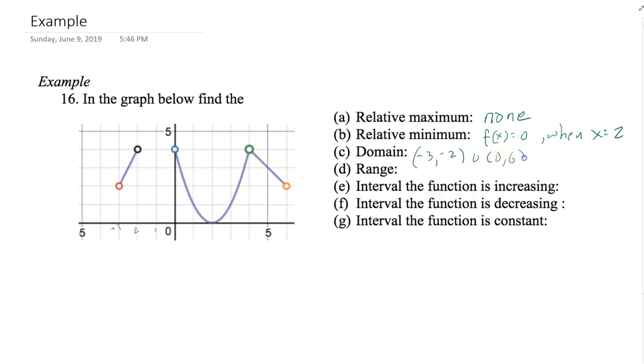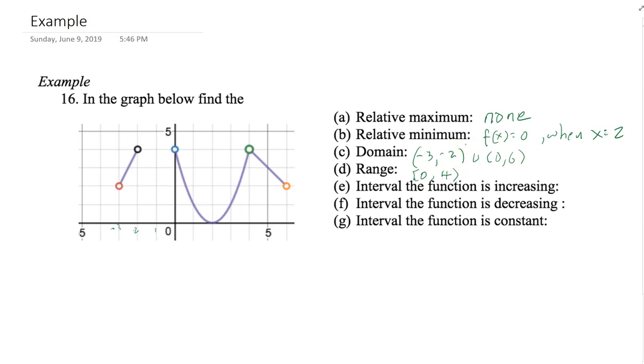That's the domain of that function. The range will go from 0, including, so we use a bracket there, 0 to 4, and 4 is not included, so we use a parenthesis.